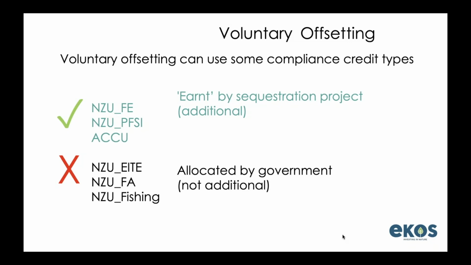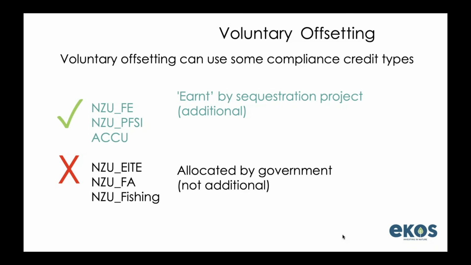They can't be used as legitimate offsets. So it's really good if you're wanting to acquire carbon credits from a compliance jurisdiction to be clear that you're able to legitimately use them for a voluntary offset. New Zealand Ministry for the Environment guidelines have clarified this. They were put out last year. You can find them on the Ministry for the Environment website.